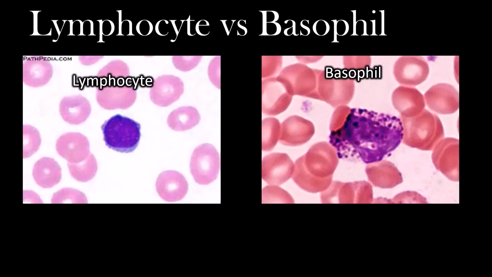Because if you just think basophil, purple, and you see this picture on the left, the first thing you notice is purple, you say basophil, no. How you can tell this is a lymphocyte is there is a small halo of cytoplasm outside of that dark purple nucleus, and it doesn't look grainy at all, whereas the basophil is quite obviously grainy.